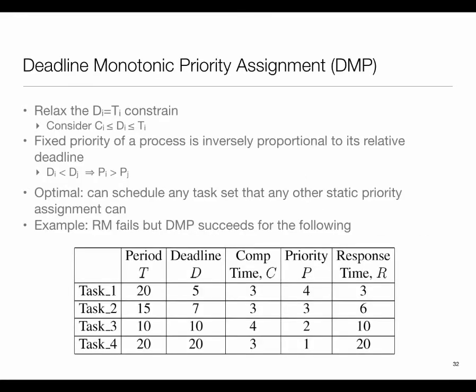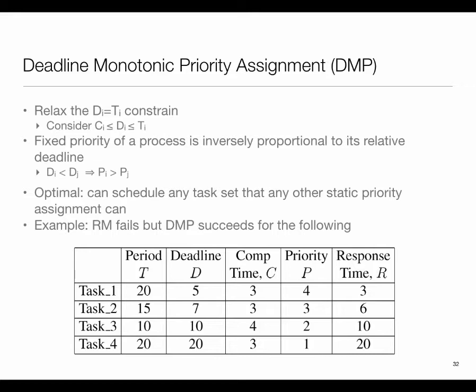A generalization of this, which works fairly easily, is that if I have di less than or equal to ti, and obviously di has to be greater than or equal to ci. If we are in this regime, then all it says is that we compare di's and assign priority in that order. So if di is less than dj, that means priority of i is more than priority of j.